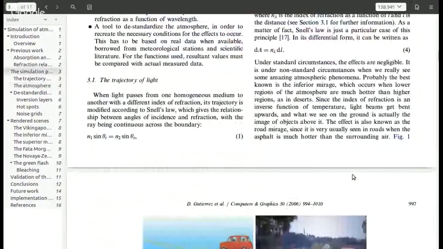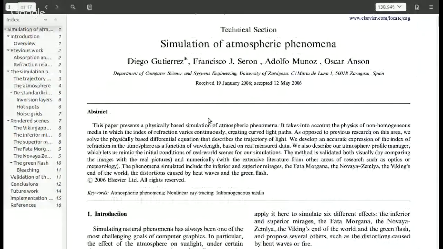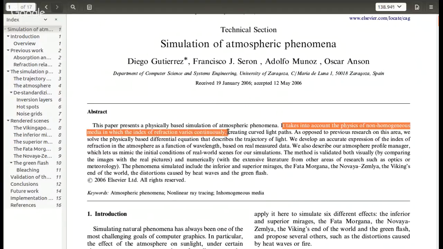Right, so this is the paper that some flat earthers have gotten hold of, and in this paper they are specifically trying to model various effects of refraction, which give you different kinds of mirages. It says this paper presents physically based simulations of atmospheric phenomena. It takes into account the non-homogeneous material in which the index of refraction varies continuously, which creates curved light paths.